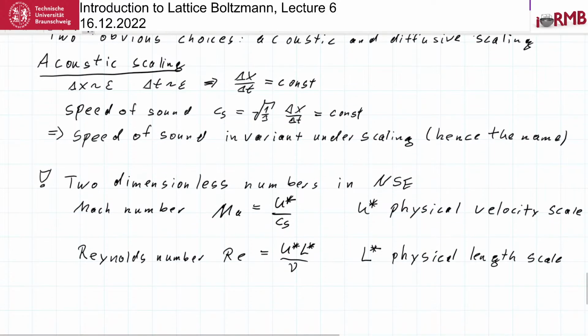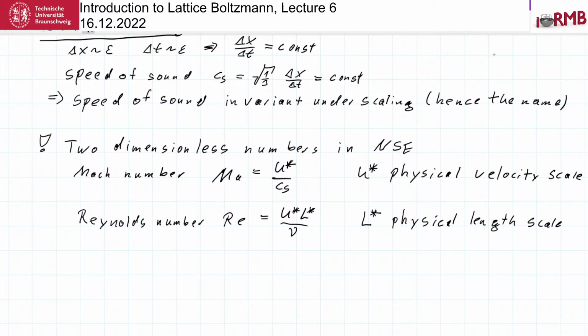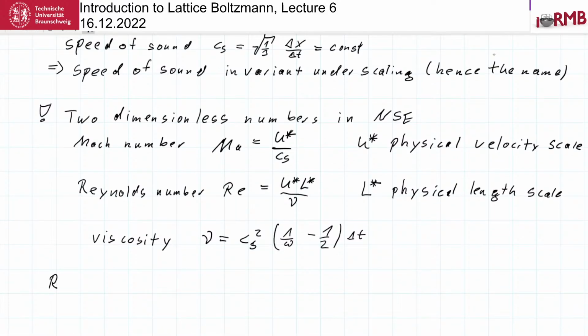And then we have the viscosity, which in lattice Boltzmann we already derived. It can also be derived by asymptotic analysis, but we already know that this is Cs squared times 1 over omega minus 1/2 times delta t. So that would be our viscosity. Okay? So now let us rewrite our Reynolds number. Remember, Reynolds number is something that specifies our problem.